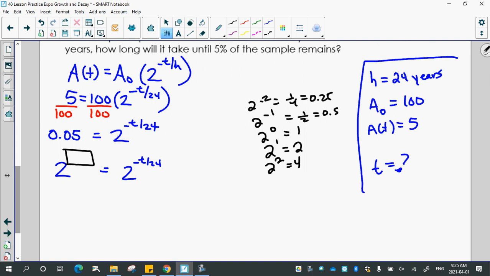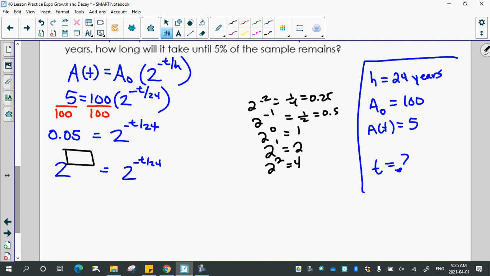2 to the negative 3. Nope. 2 to the negative 4. Closer. 2 to the negative 5. So it's between 2 to the negative 4 and 2 to the negative 5. You might try 2 to the negative 4.5 and see what that is. Still a bit small. 2 to the negative 4.6.